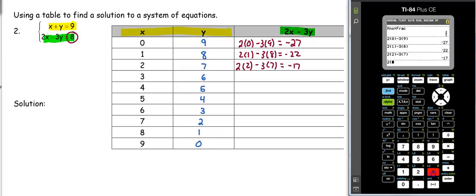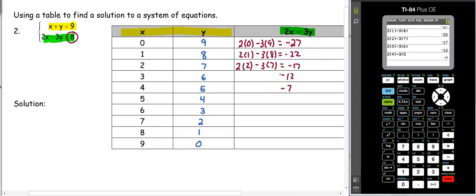And then we have 2 times 3 minus 3 times 6, which gets us negative 12. We have 2 times 4 minus 3 times 5, which gets us negative 7.